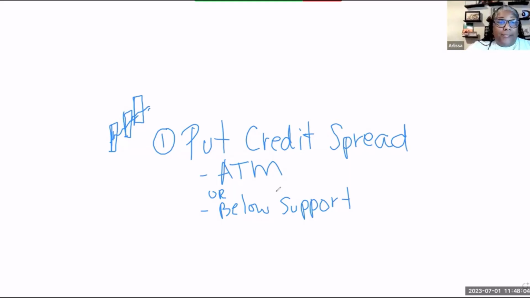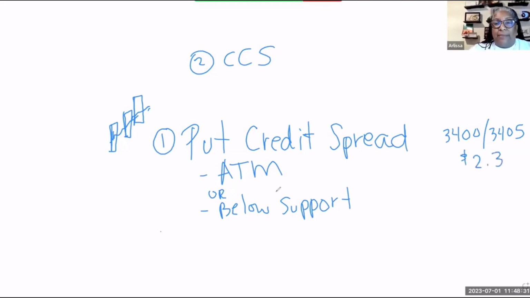Okay. After you do your put credit spread, the second thing you're going to do is put on your call credit spread. Let's say, for example, your put credit spread is at 3,400, 3,405. Let's say those are the strikes you have, and if you're at the money, you're probably going to take in 230 or something like that.